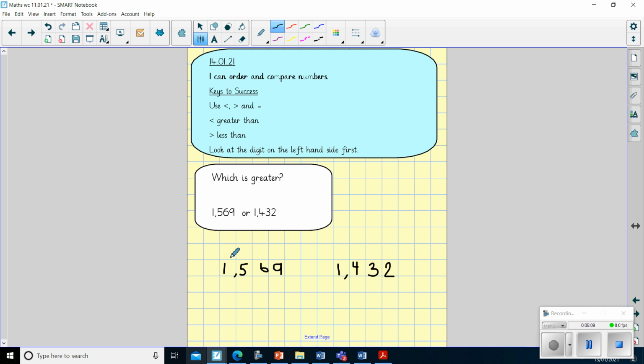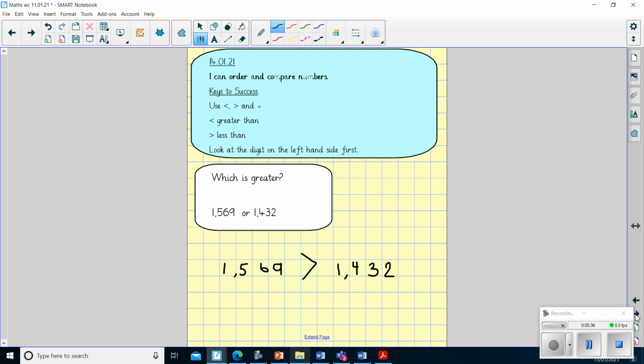So 1000 over here, 1000 over here. They're both the same, so that doesn't help me at the moment. Got 500 here, 400 here. So 500 is greater than 400, so I know that this is my greater number. So the big crocodile mouth has got to be open to my greater number, which is this side.